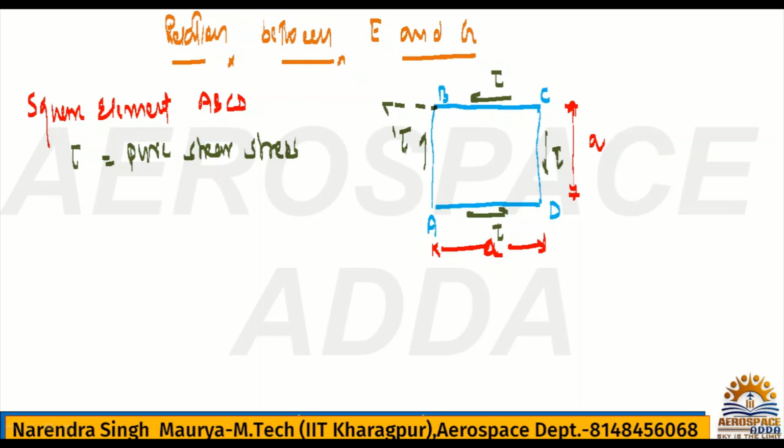So I can show you this way. So this C has now reached this point. Now this C becomes C dash.